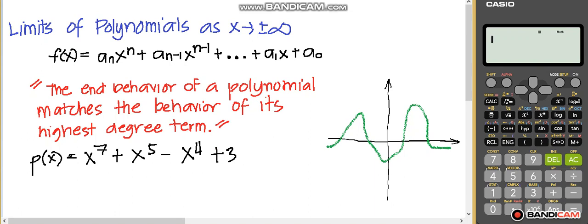By the idea that the end behavior of a polynomial matches the behavior of its highest degree term, ang ibig sabihin lang nun, class, as your polynomial approaches positive or negative infinity, nagiging obsolete yung other terms. Yung nagmamatter na lang is yung leading term natin.